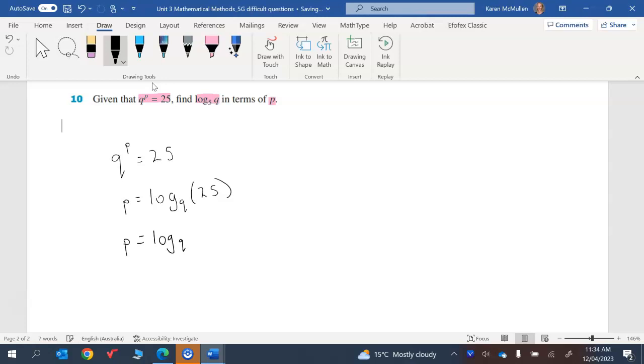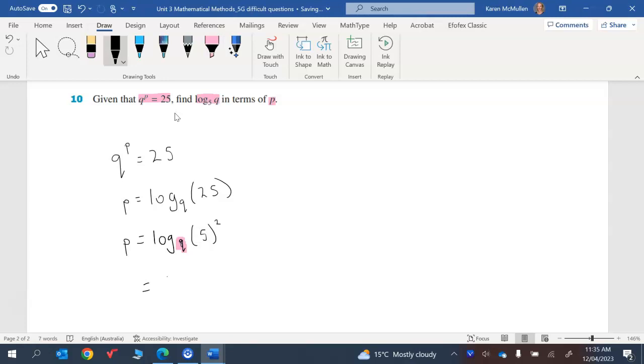All right, so 25 is the same as 5 squared. All right, we want a different base. So see how we've got a base of q here. We've got a base of q here and we've got a base of 5 here. So we need to change that to be a base of 5.